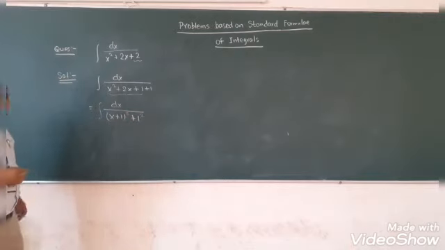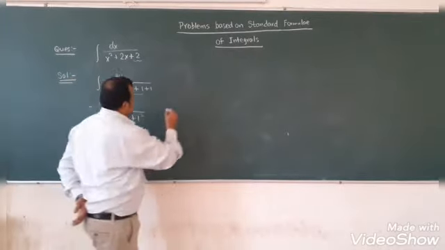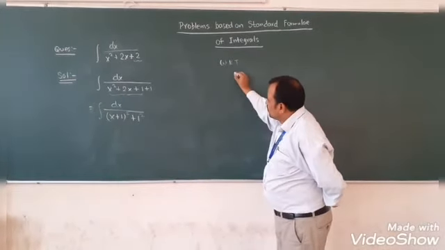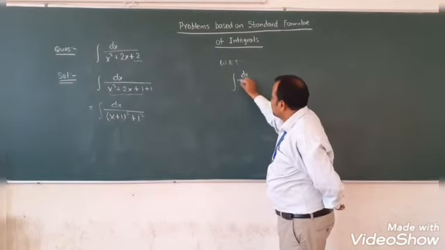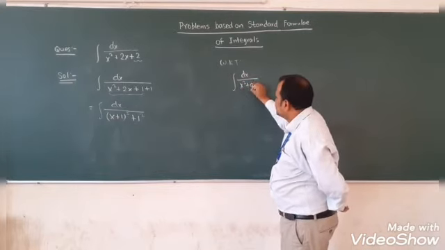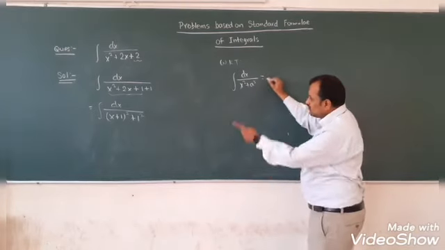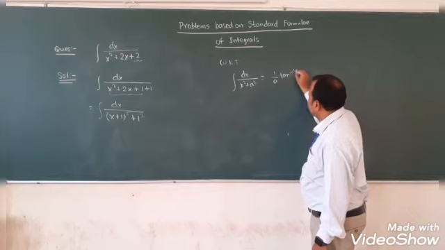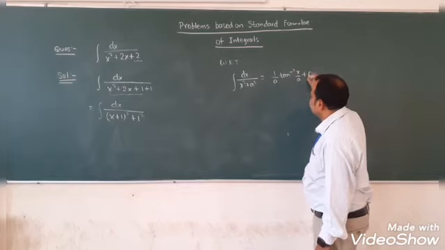So which formula is coming here? One formula is there: integral dx divided by x square plus a square. The formula is 1 by a into tan inverse x by a plus c.